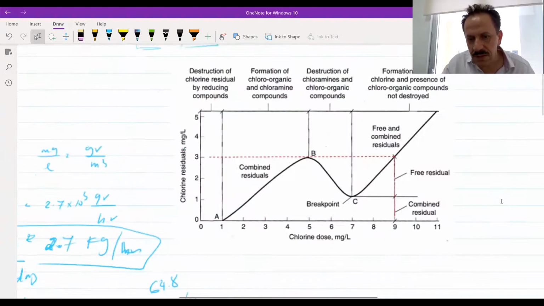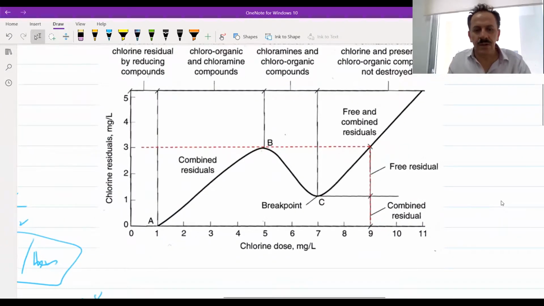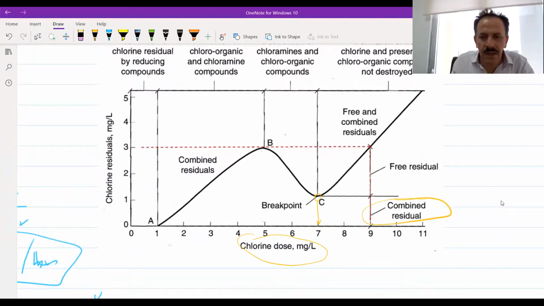What I did here is the break point will give you a point. This is the point. It shows the chlorine dose that's required to kill the bacteria and to make a combined residual of about this much. And what will be above that, it will be free residual.